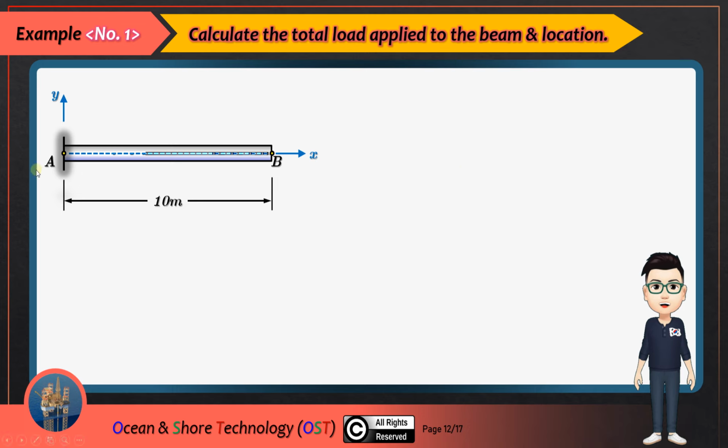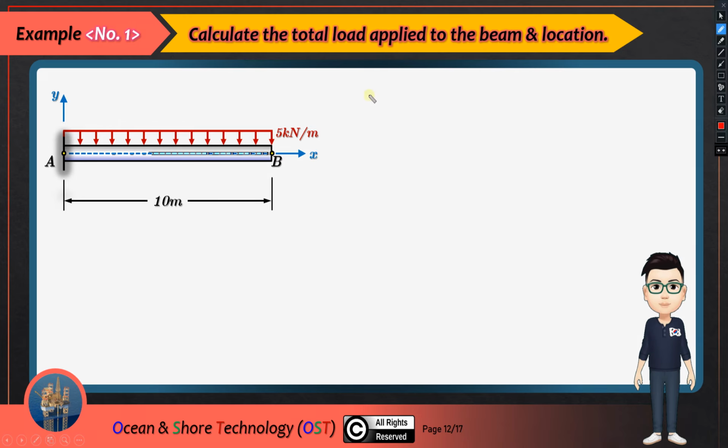So these are the beam conditions, and the applied load is the uniformly distributed load, 5 kilonewton per meter. And how to get that? The question is to calculate the total load applied to the beam, and they want us to find the position as well.